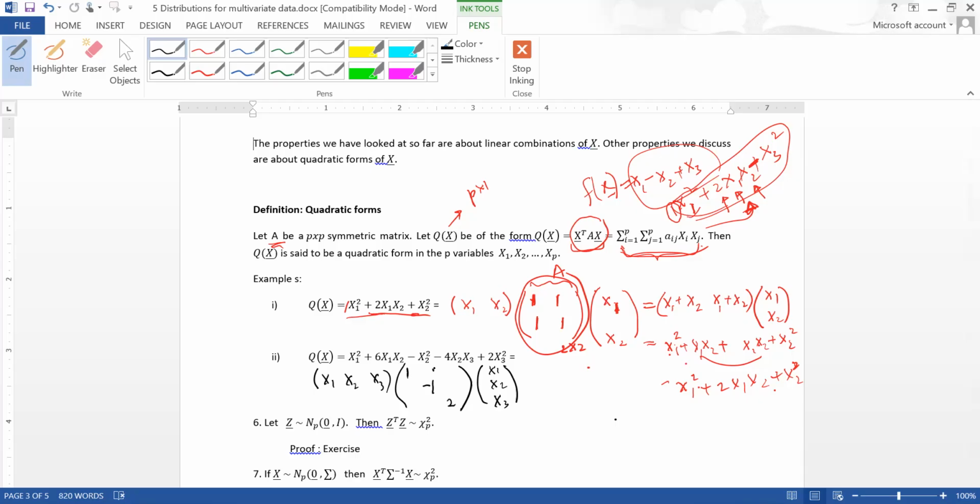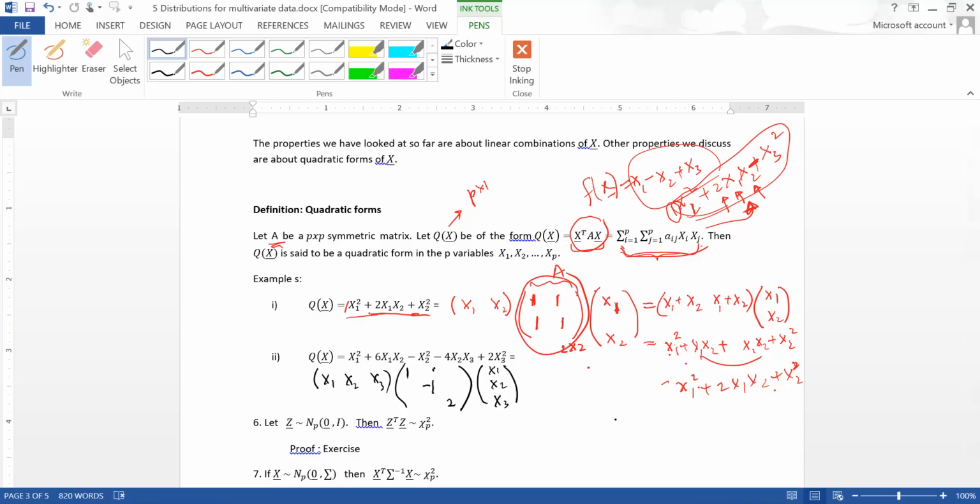The off-diagonal elements, right? I'm asking for this particular example. What's the number that comes there?